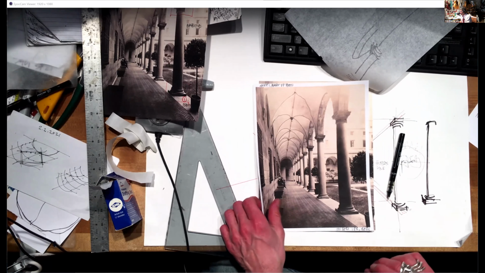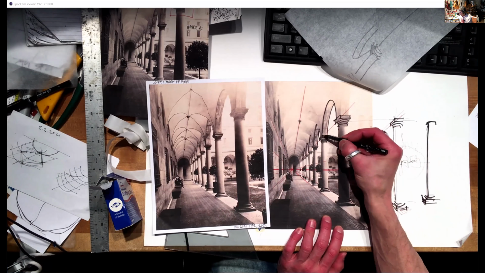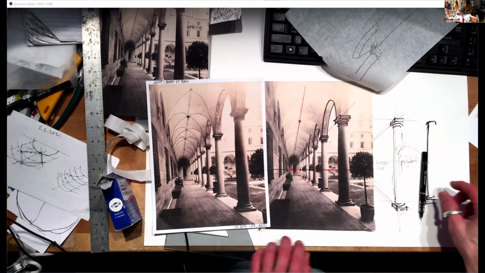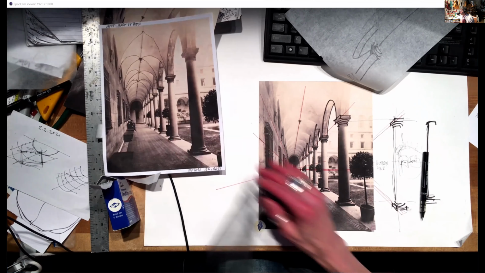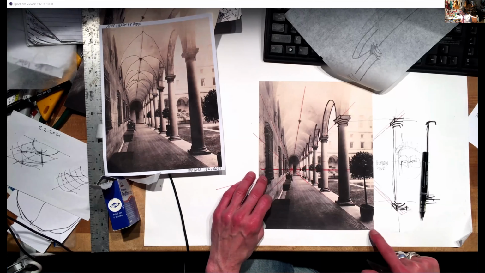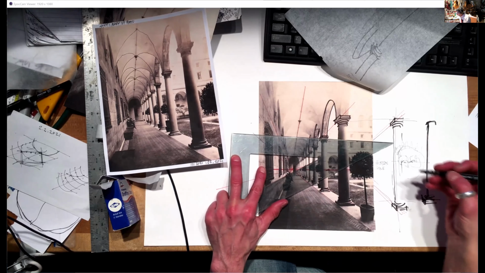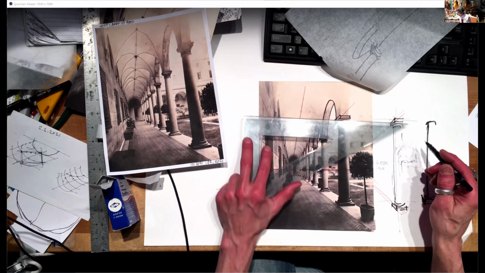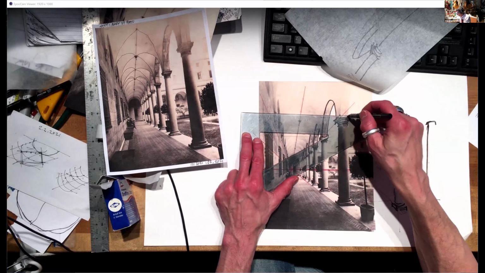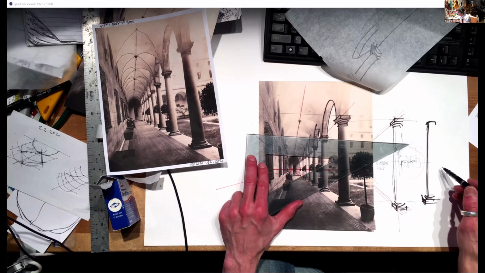So what happens when you're looking at a single point perspective, and it's hard to tell in this picture, but if I draw lines over from, say, the top of the arches, do you see what I've done there?